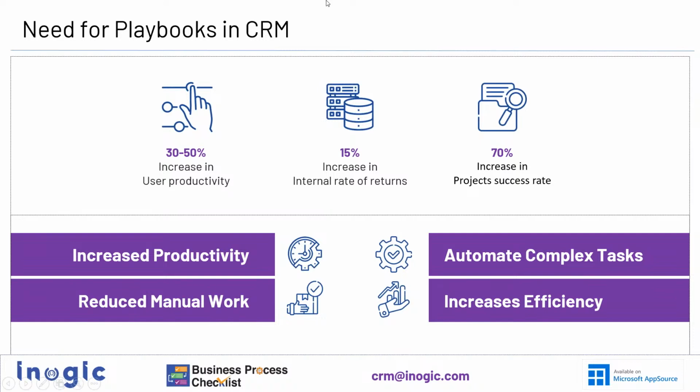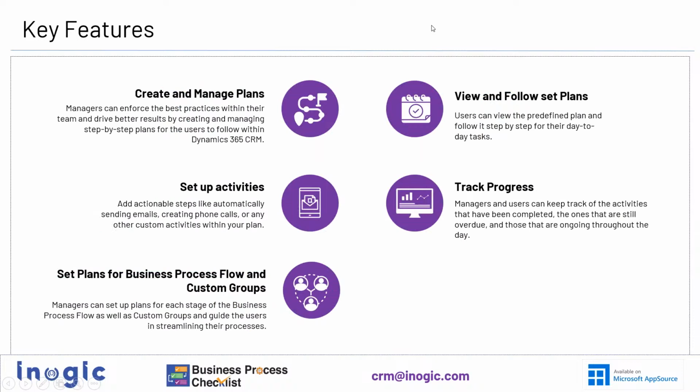Let's take a closer look at some of the key features offered by our business process checklist solution. The business process checklist is a powerful tool designed specifically for Dynamics CRM users, and it serves as a valuable aid for simplifying and enforcing business-specific playbooks, guidelines, and policies at every stage of a process.